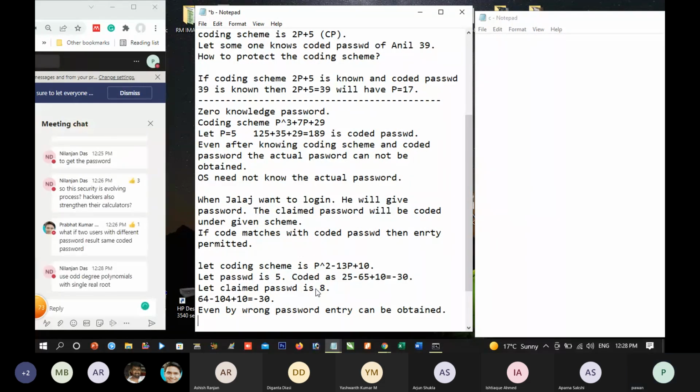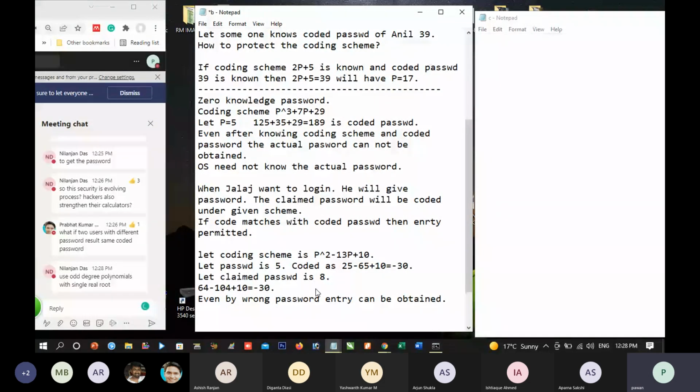Yes. But that is not important. We don't have to use it. The probability of this is very low. Every wrong password will not give you entry.